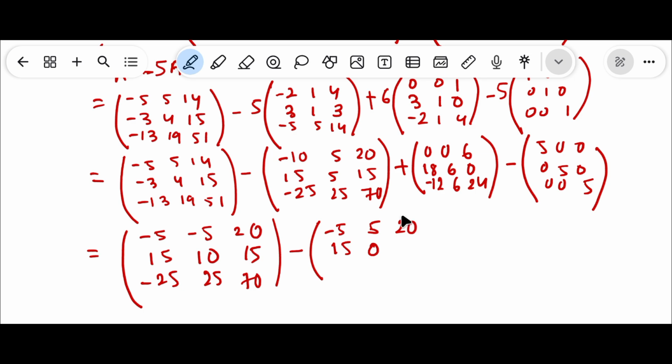And then if I add this, here will become 5, then 20, then 15, then 5 5, that is 10. Now we have again 15, then 25 minus 25 plus 0, that is minus 25, 25 70. So if I subtract, I am getting 0.